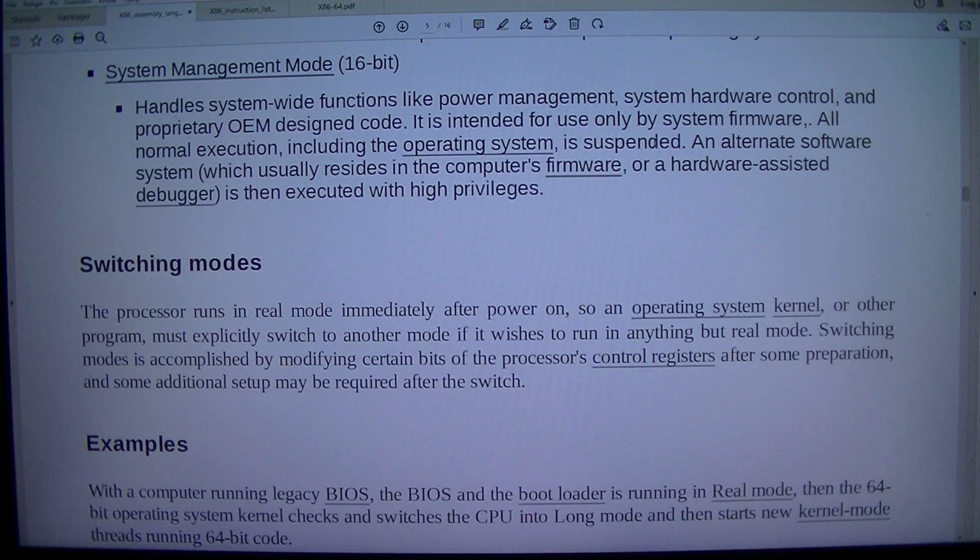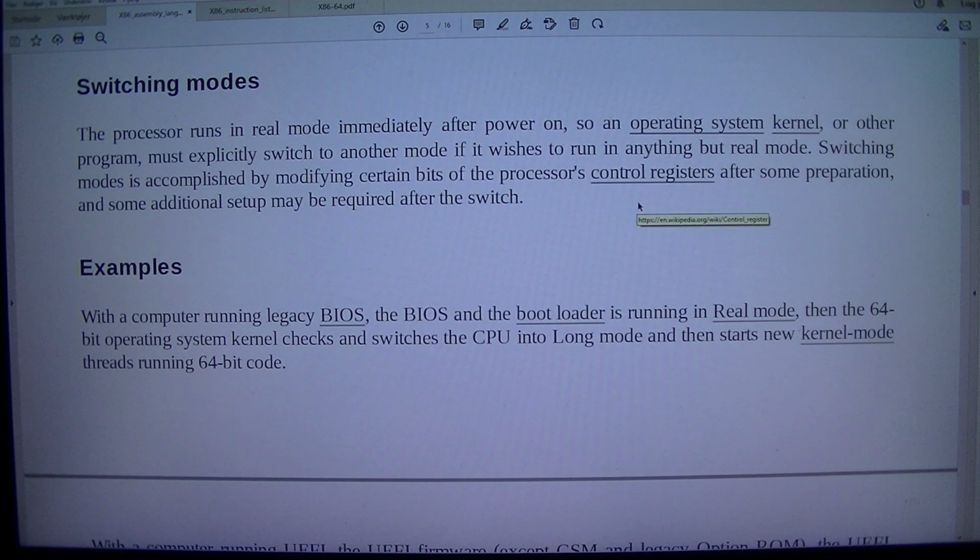An alternate software system, which usually resides in the computer's firmware, or a hardware-assisted debugger, is then executed with high privileges. Switching modes. The processor runs in real mode immediately after power on, so an operating system kernel, or other program, must explicitly switch to another mode if it wishes to run in anything but real mode.